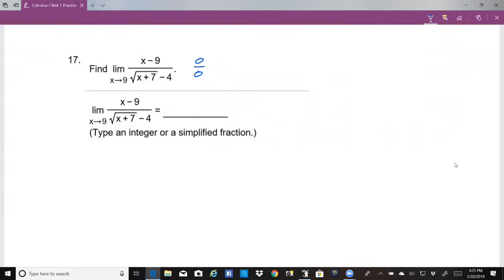So let's take this limit of x minus 9 divided by the square root of x plus 7 minus 4 as x approaches 9. And now we're going to multiply the numerator by the square root of x plus 7 plus 4.